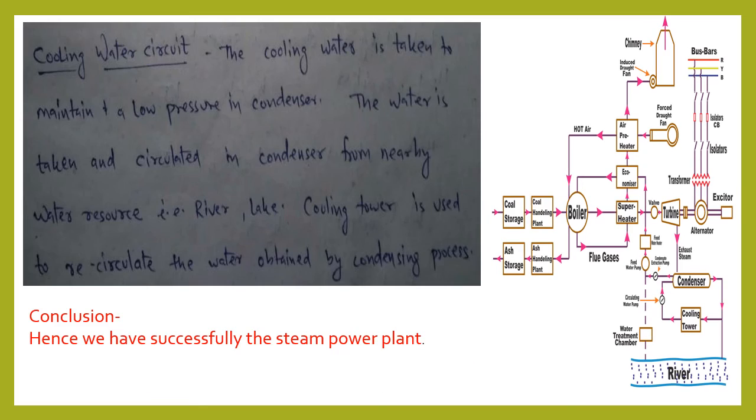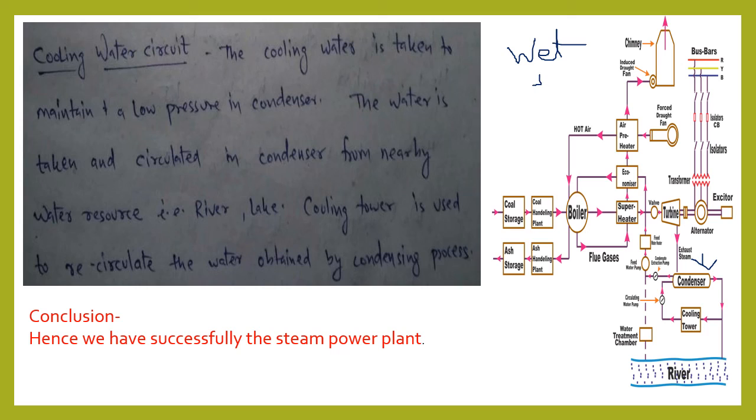Now the last circuit is the cooling water circuit. Cooling water circuit means how wet steam in this condenser is converted into water and what is the process. So condenser takes the exhaust from the turbine and turbine exhaust is wet steam.